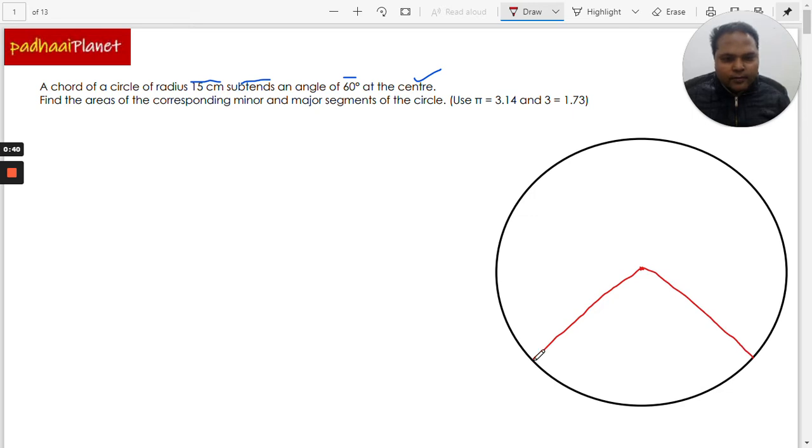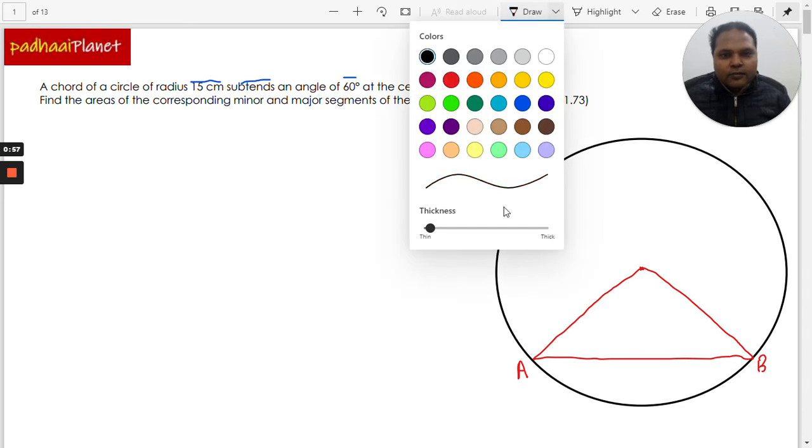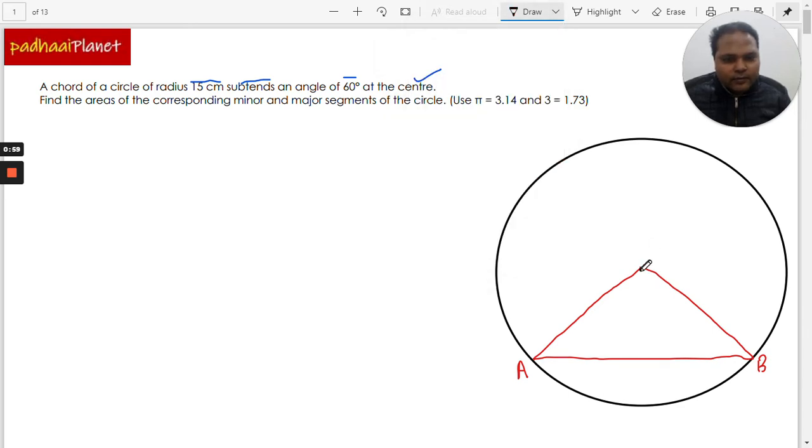Now this is the chord, and let's name it as A, and this is B, and the center of the circle is O. The radius of the circle is 15 centimeters, so this is 15 centimeters and this is also 15 centimeters.